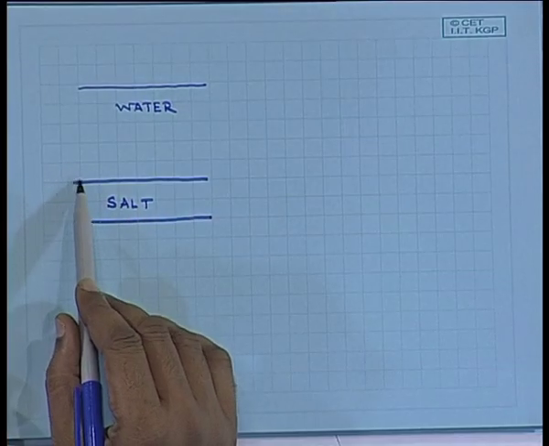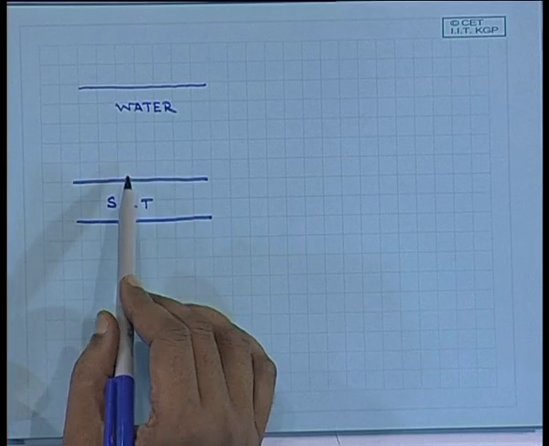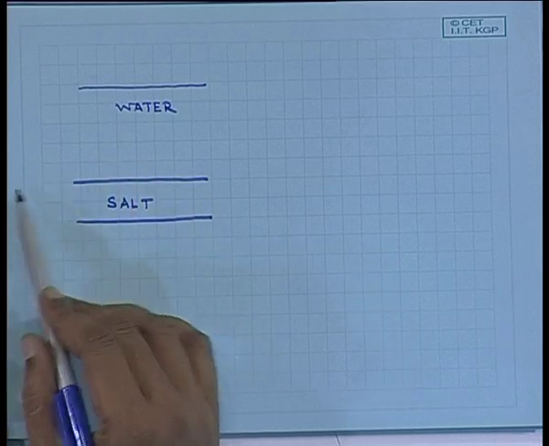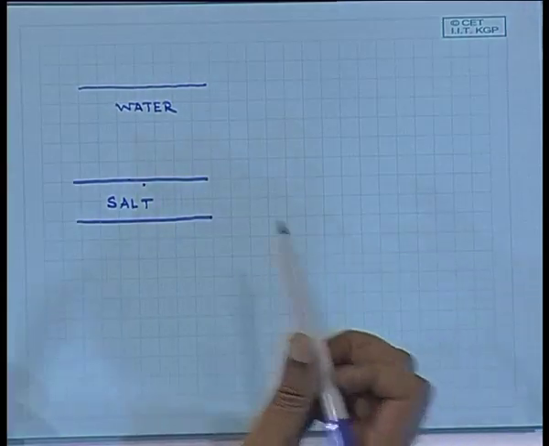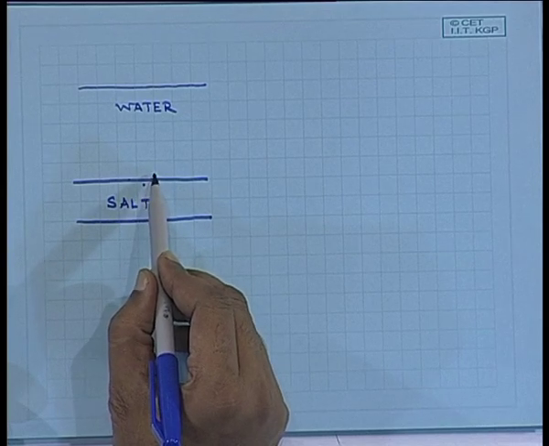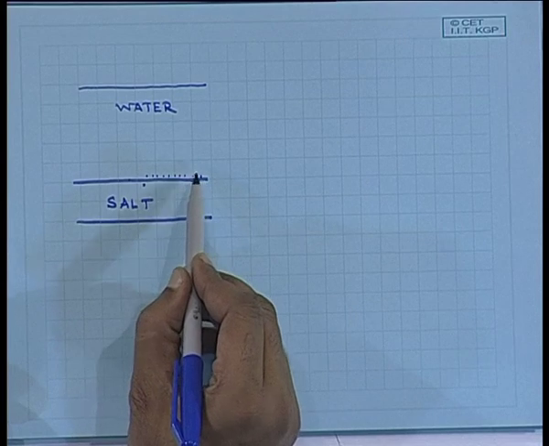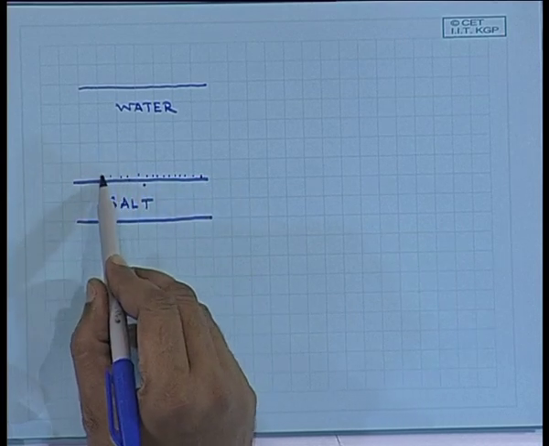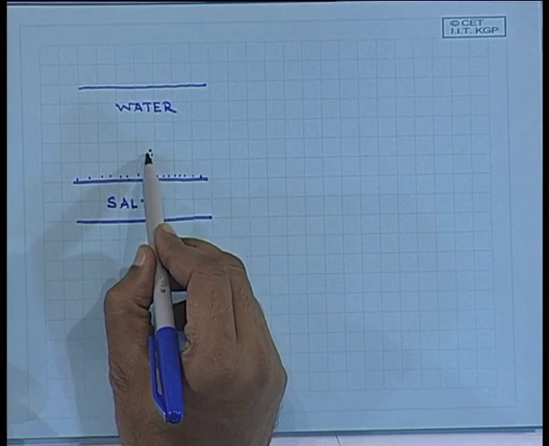Initially, the salt layer was separated from water, and at time t equal to 0, you remove the barrier between the salt and water. So, what happens? Salt will start dissolving in the water, and as it dissolves, the concentration of salt in the water very close to the salt surface will increase, and these will start to diffuse towards the top.